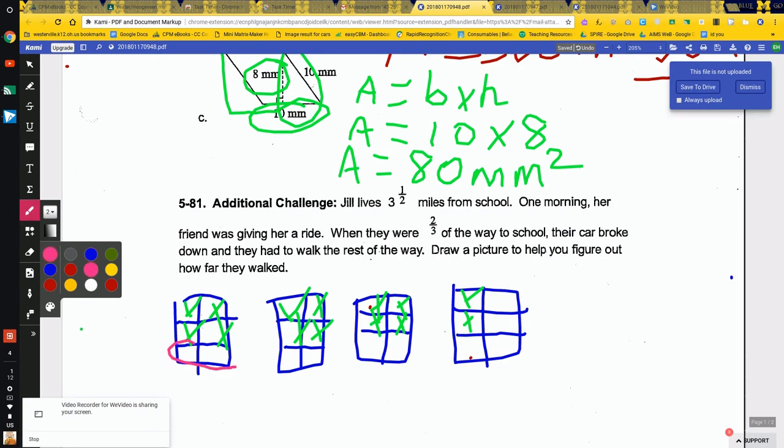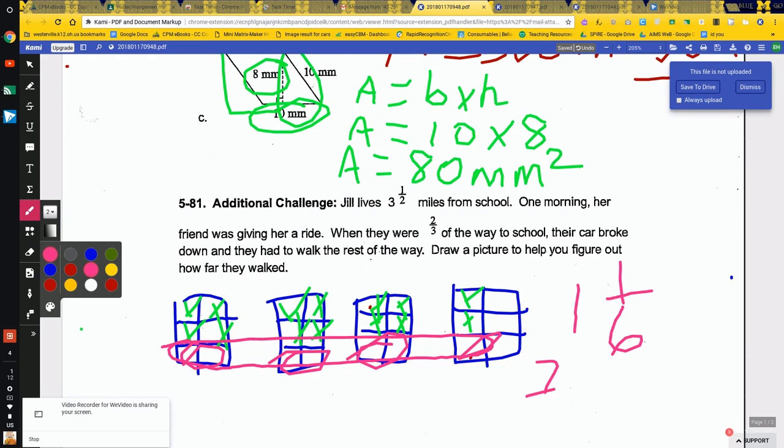So they had to walk 1, 2, 3, 4, 5, 6, 7, which is 7/3. Actually, it's 7/6. I forgot these are sixes, not thirds. So 7/6 is equal to our 1 1/6 miles they had to walk.